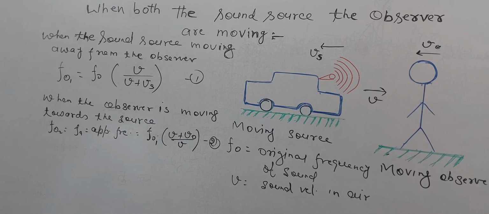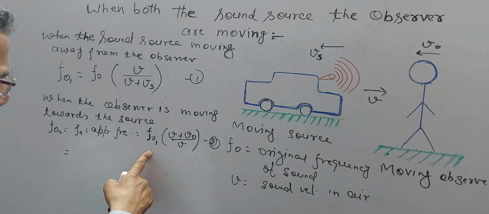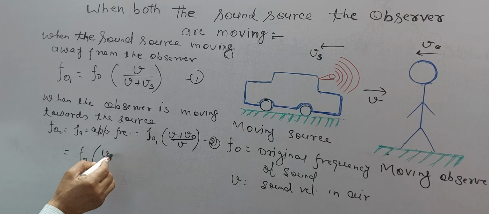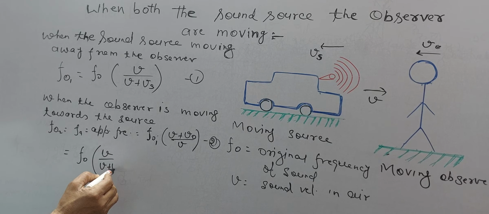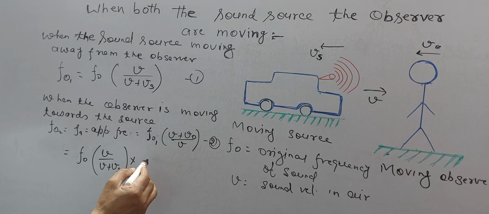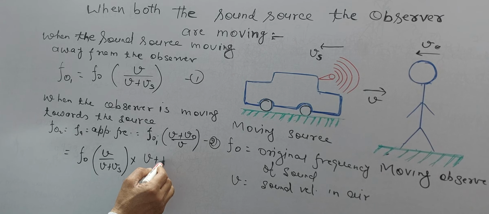So now our apparent frequency becomes, putting in the value of f1 from equation number 1, V divided by V plus Vs, where Vs is the source velocity, multiplied by V plus Vo, the observer velocity, divided by V, the sound velocity in air.